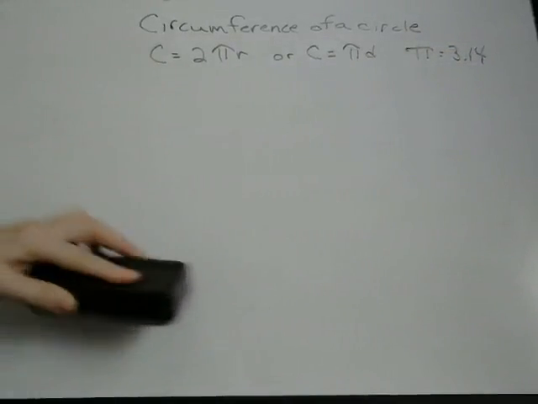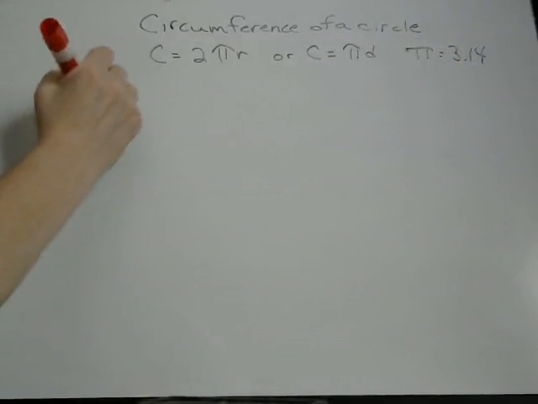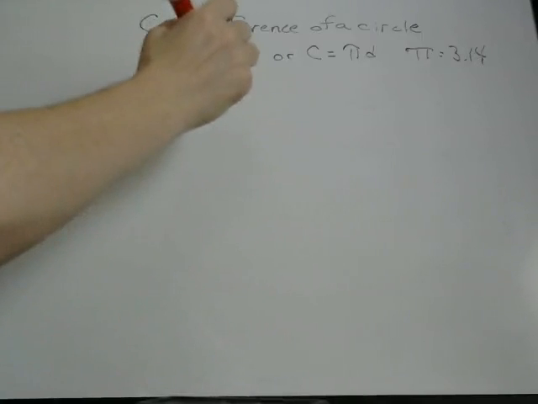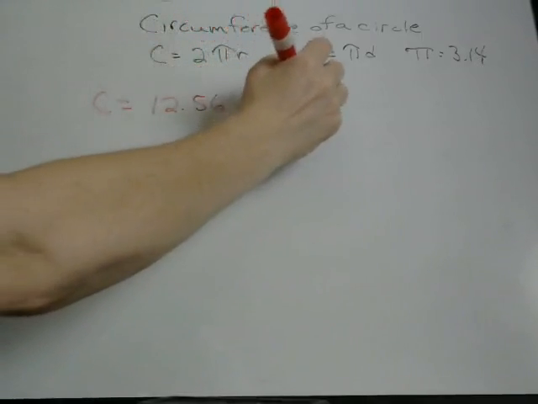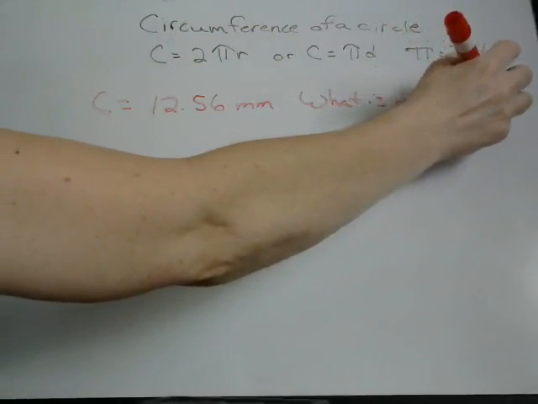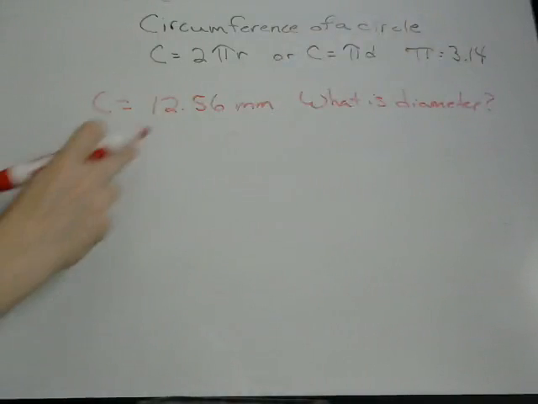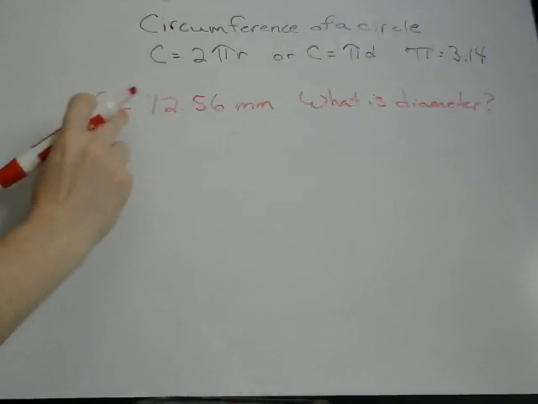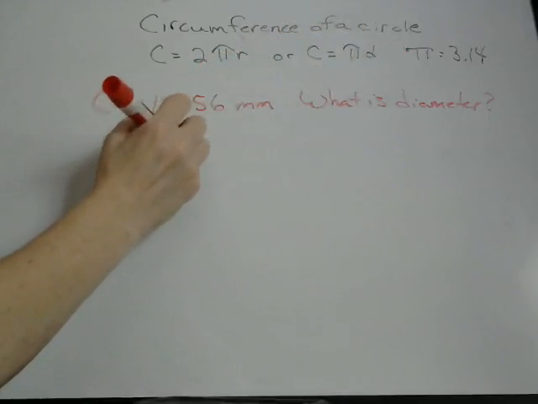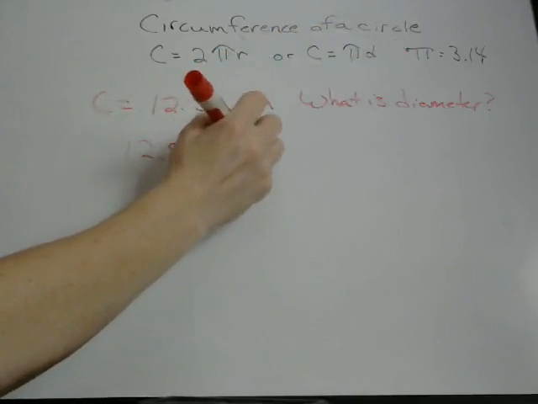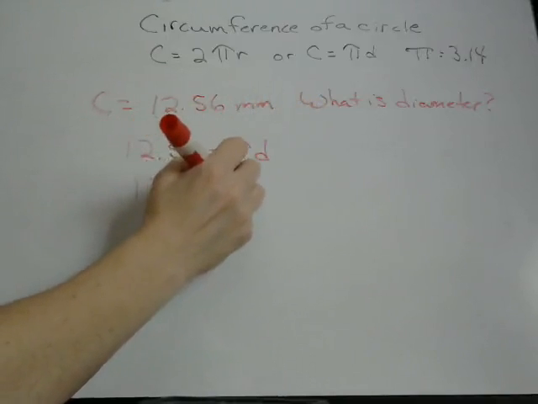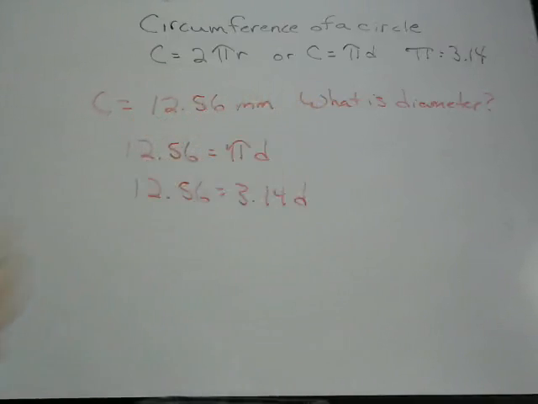Now what if they work a little bit backwards, where they say the circumference equals 12.56, and these are all going to have units, so let's say millimeters. What is the diameter of the circle, which is D? So now we have a little bit of an algebra problem. They're giving us the circumference, and we're trying to find the diameter. So we have 12.56 equals pi times diameter. This is the same as, remember, pi is 3.14 times the diameter.